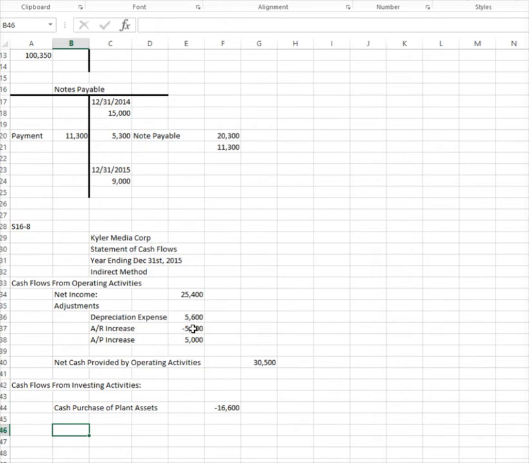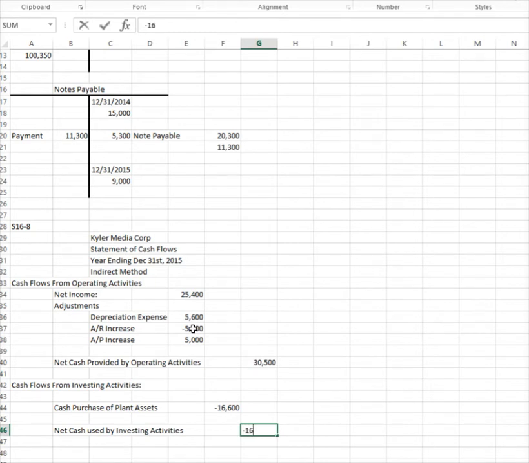And you see, since that's the only aspect that shows up in the balance sheet or the income statement that is an effect on cash from the investing activities, and it's a negative balance, so instead of saying net cash provided by, of course, this is going to say net cash used by investing activities.